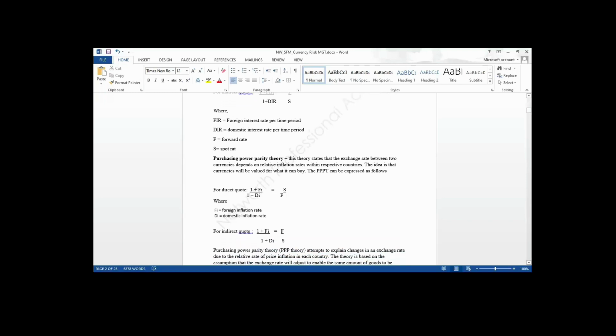We can use this theory to predict forward exchange rates for direct quotes. 1 plus Fi divided by 1 plus Di is equal to X over F, where Fi is the foreign inflation rate, Di is the domestic inflation rate, X is the spot rate, and F is the forward rate.